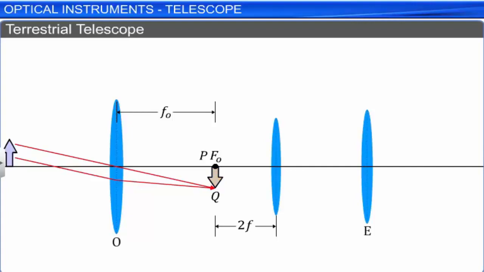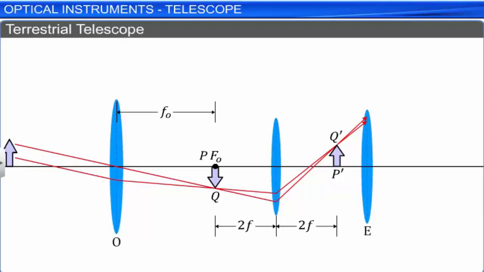PQ now acts as an object to the inverting lens, and since this image PQ is at a distance 2f from it, the inverting lens forms an image P', which is real, inverted, and of same size as PQ.